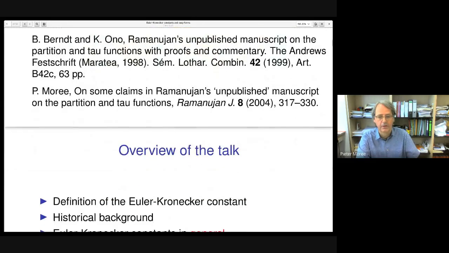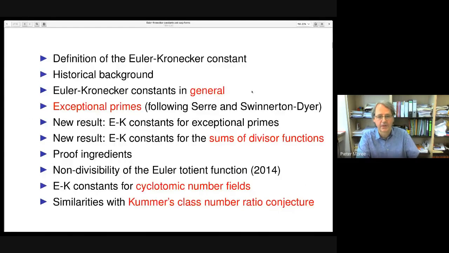Here's the overview, and as you see, this is very ambitious, but I will try not to talk too fast, and likely we'll have to stop at some point. Some of the later parts here are not as important as some of the earlier ones, of course. I will tell you what an Euler Kronecker constant is, then give some historical background, which, as you can guess, is quite interesting here.